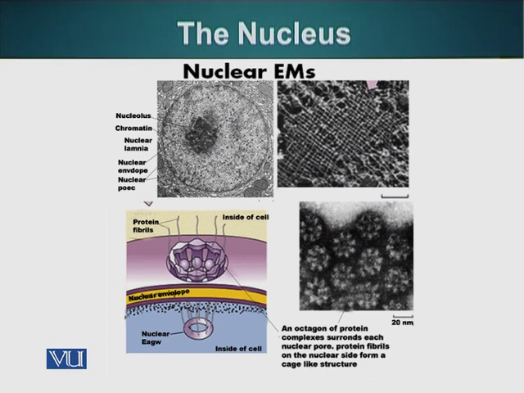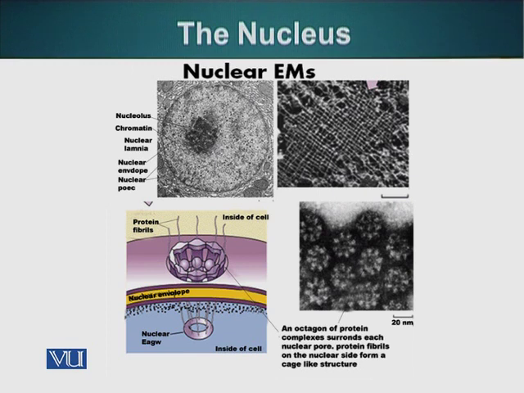The proteins that are making this nuclear pore have to be very selective about what molecules they allow in and what molecules they allow to leave. Small molecules can pass through these nuclear pores very easily or leave the nuclear space very easily. However, larger molecules are regulated.